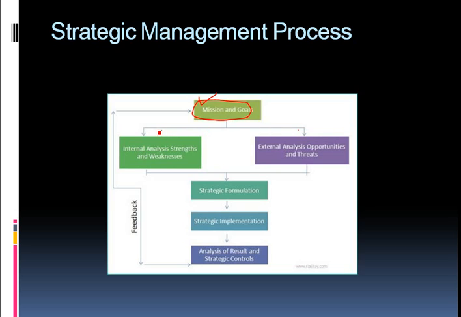You have to identify strengths and weaknesses of your organization, and opportunities and threats that you are facing. Based on the SWOT analysis, you will formulate the strategies and implement and control. So this strategic management process is very similar to the planning process.